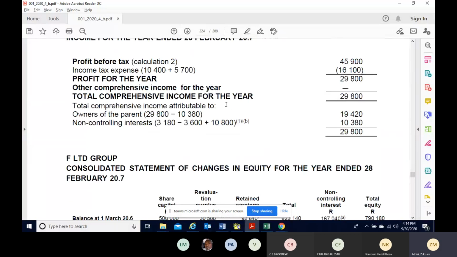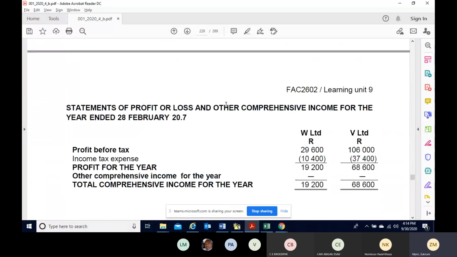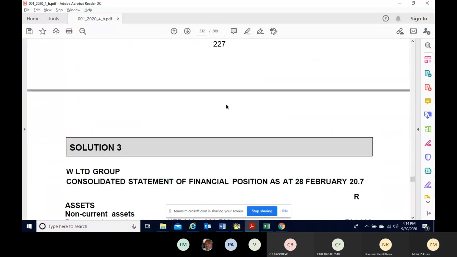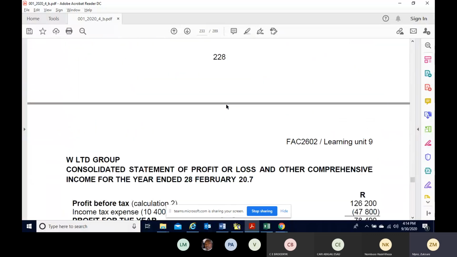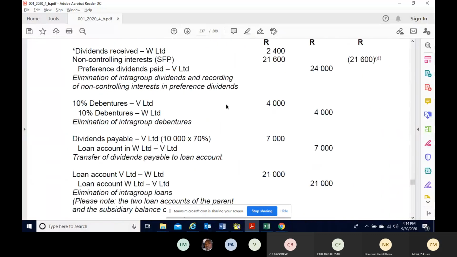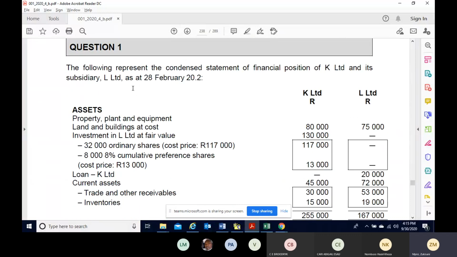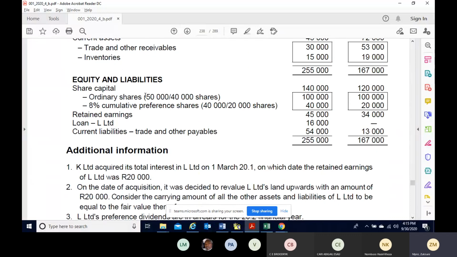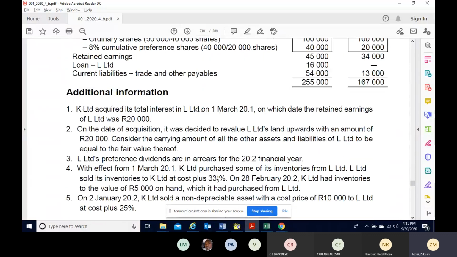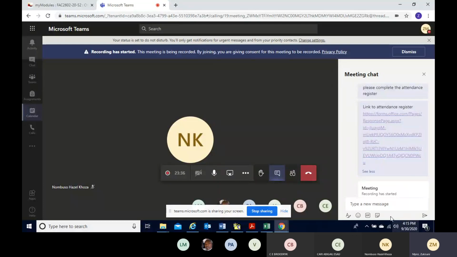So what we are going to do now, time is 4:14, is jump straight to, I think, page 235. I basically want you to read question 1 on pages 234 and 235. I'm going to give you about 5 minutes, so we will talk again at 4:20.